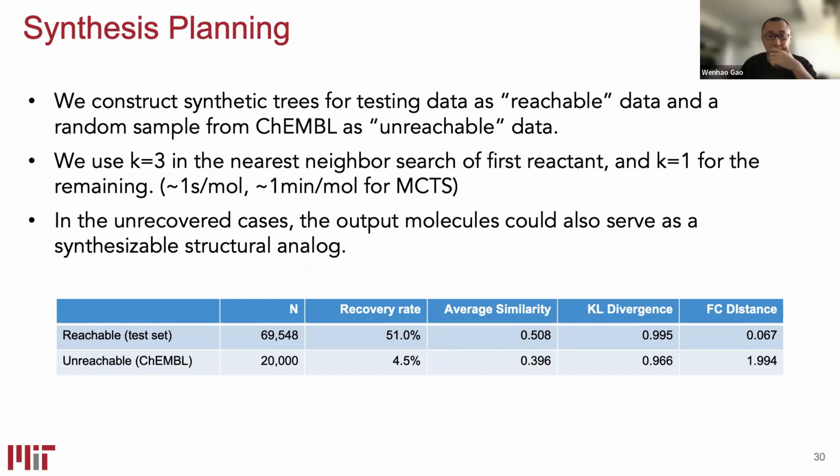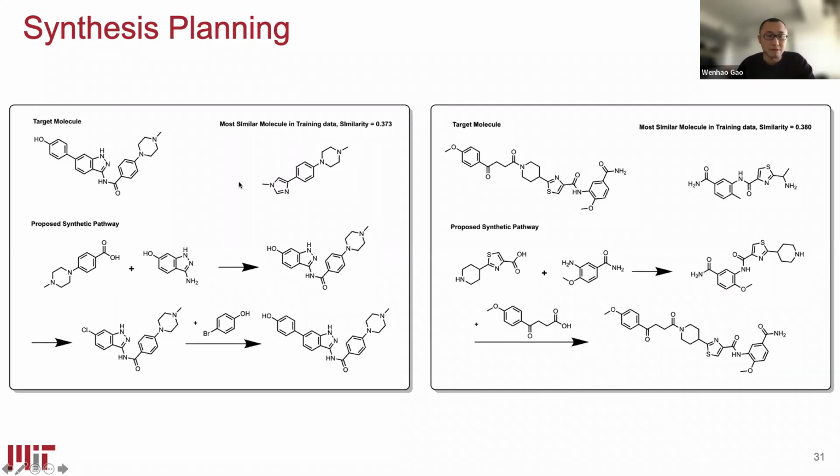And so further, in the unrecovered cases, we find that the produced molecules are usually structurally similar to the target molecule, verified by the average similarity, the KL divergence, and the FCD distance between the input and output sets. And those are 2 successfully recovered cases for synthesis planning with targets from Campbell.